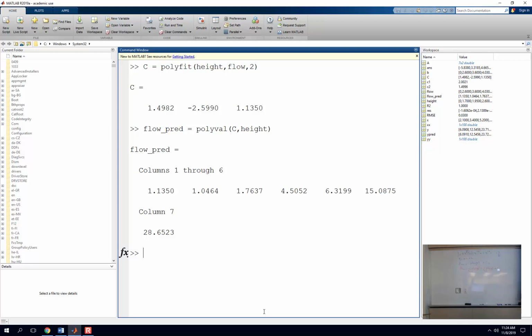When you do polyval of c comma height, it will take the first element, c1, multiplied by height to the power of 2, and then plus the second element, c of 2 times height, plus c of 3. That's it. And it will give you all these values. Is this more or less clear?